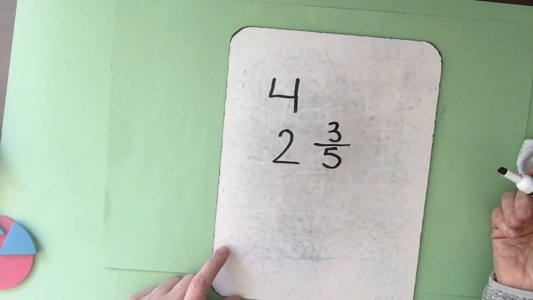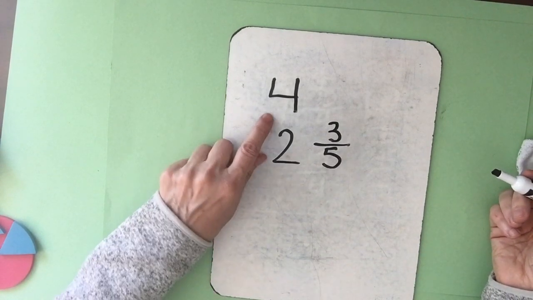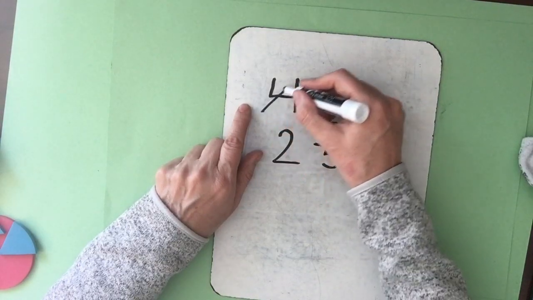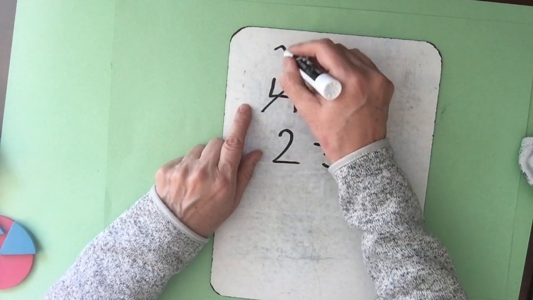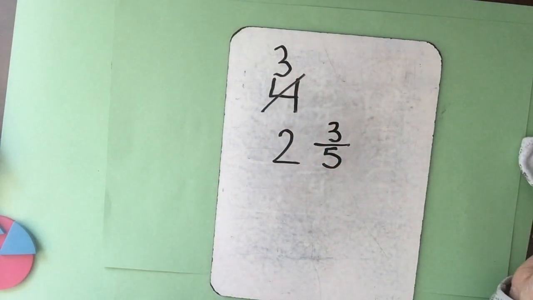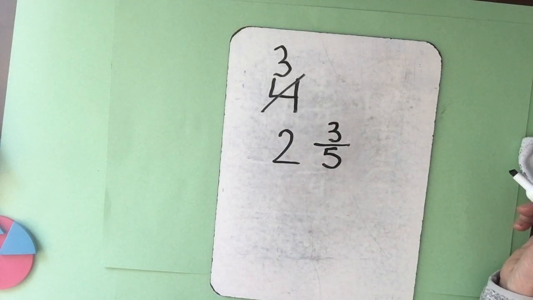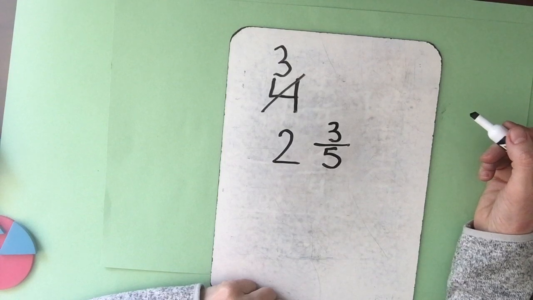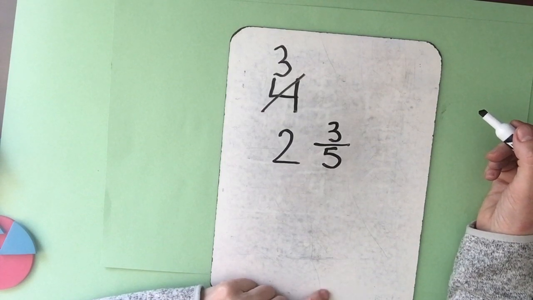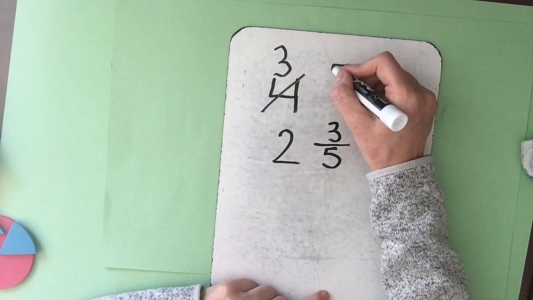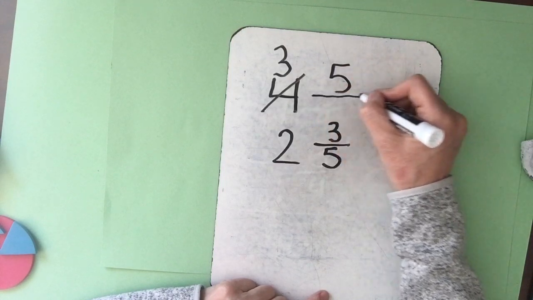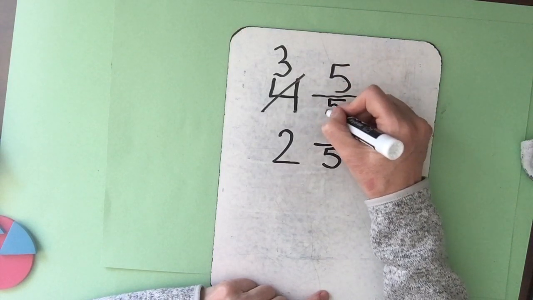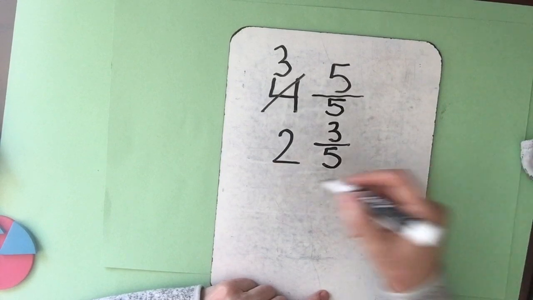So I'll go ahead and demonstrate again. I have 4 wholes. I want to borrow one, and that's where the word borrow comes from. So I'm borrowing from the 4 wholes, but instead of calling it a 1, I'm going to call it fifths. So how many fifths make 1 whole? You are right, 5/5. If I eat 5/5 of a pizza, I've eaten a whole pizza, right?